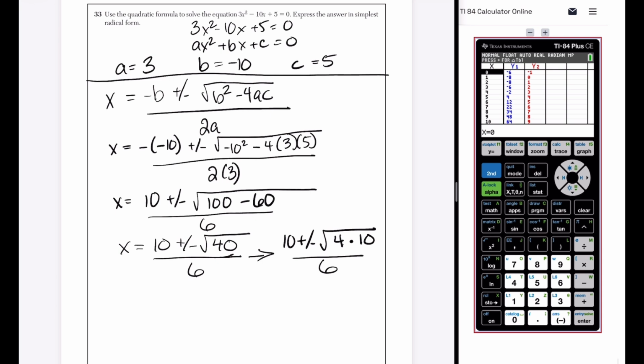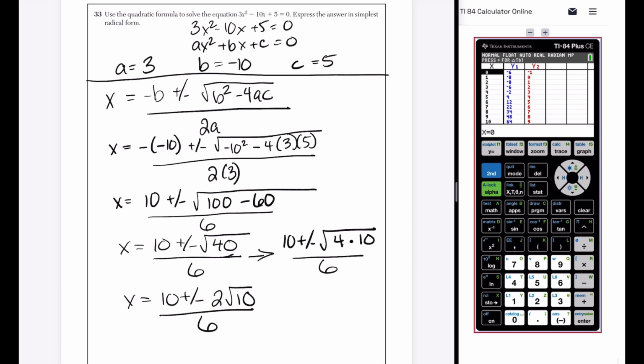And that would give us x is equal to 10 plus or minus the square root of 4, which is 2, so 2 square root 10 over 6. So we're at a really good place here so far.